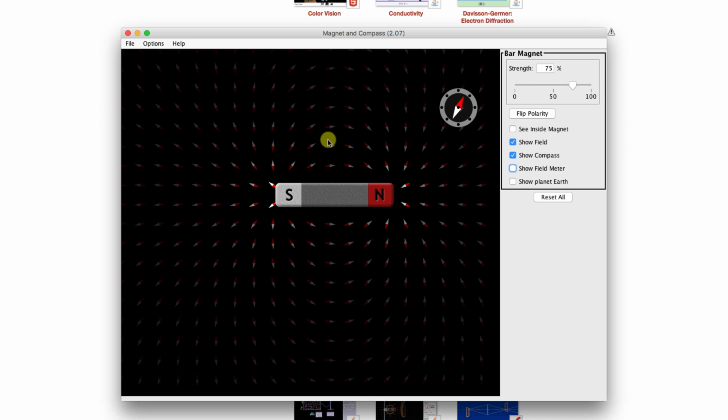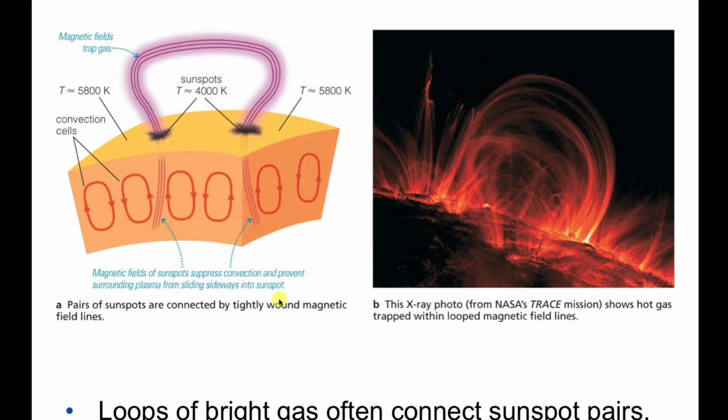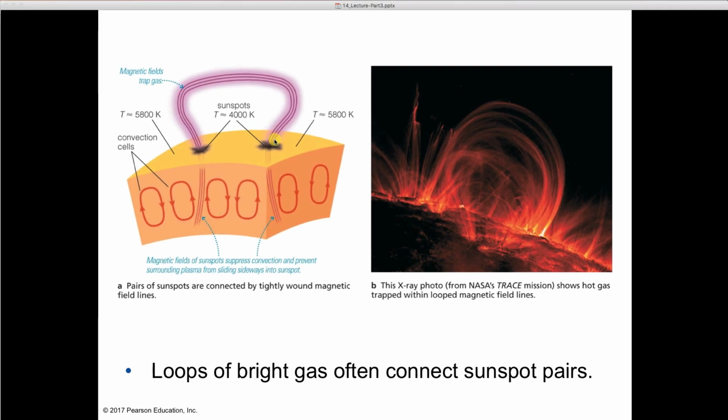And one thing about these pictures is that the more dense the magnetic field lines are, and this doesn't show it that well, that's just a way to represent how strong the magnetic field is. So going back to that last slide, the magnetic field is really strong in these sunspots. We draw these magnetic field lines as being really close together.